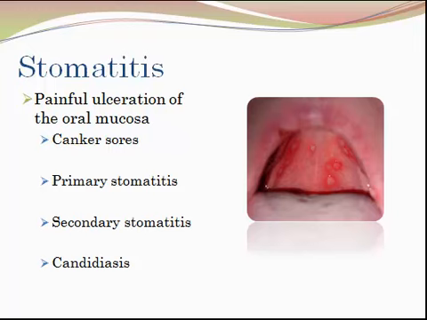Foods such as caffeine, potatoes, cheese, nuts, citrus fruits, gluten can also be causative factors. In some cases, just a strict diet can result in the improvement of ulcers. Any deficiency in vitamin B complex, folate, zinc, iron, can also contribute to the formation of stomatitis.